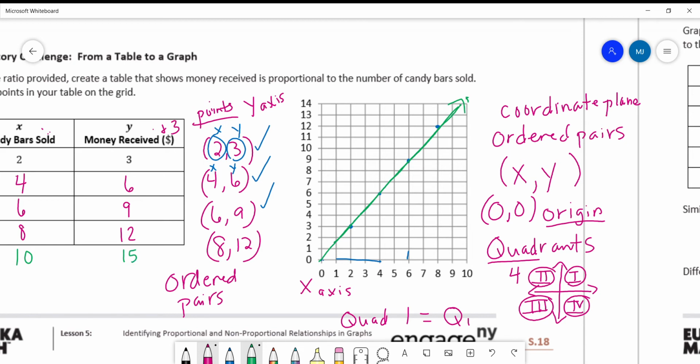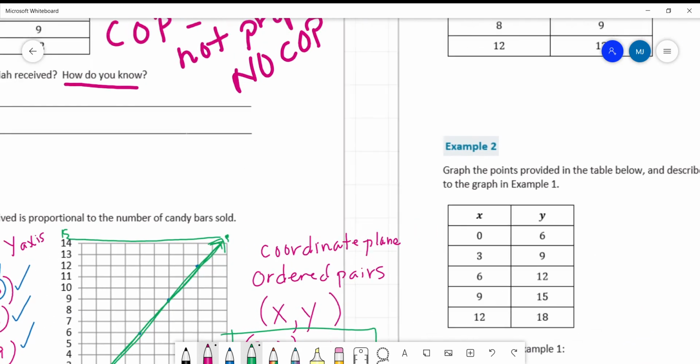And if we continued to graph our point, we would see that this point would be up here somewhere, where 15 would come across. So 2 things to notice. It starts here. Does anybody remember what that's called? The origin, and it continues in a straight line. So we're going to summarize that finding.